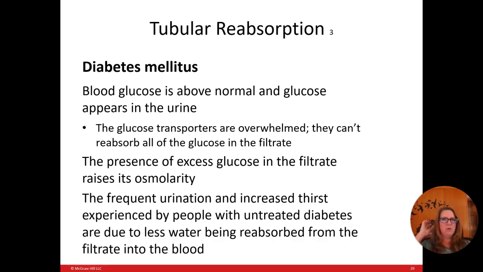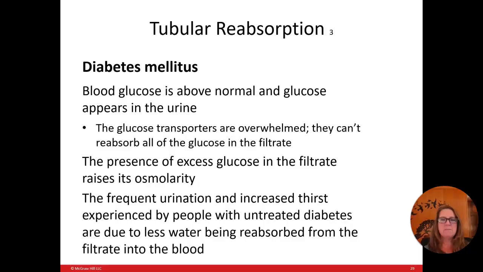So we know that glucose is a solute that is going to raise osmolarity. So go back to diffusion and osmosis: more solutes means less water, so it's going to draw water into it. So glucose is going to attract water into it.